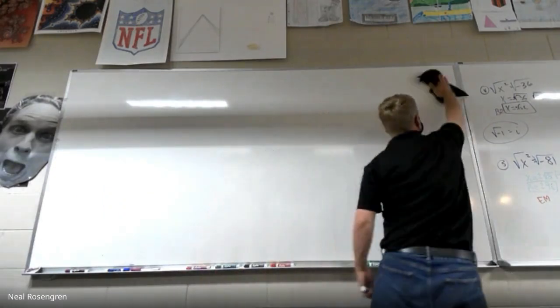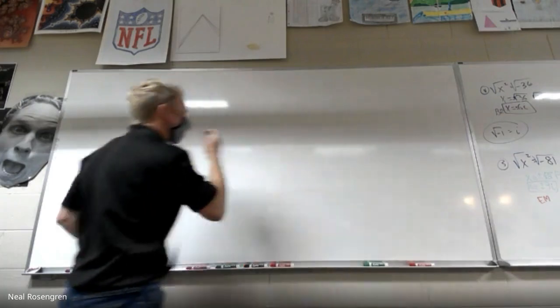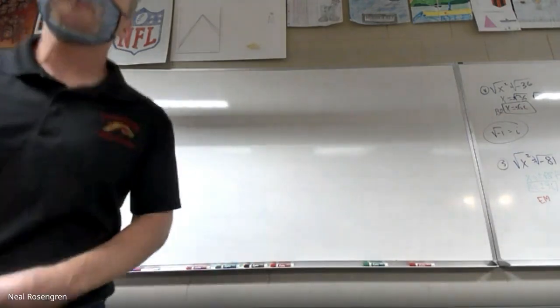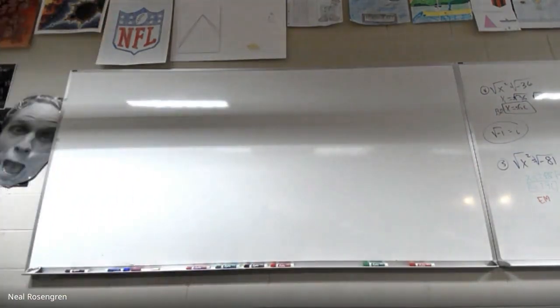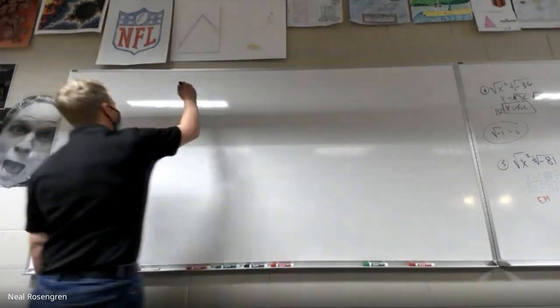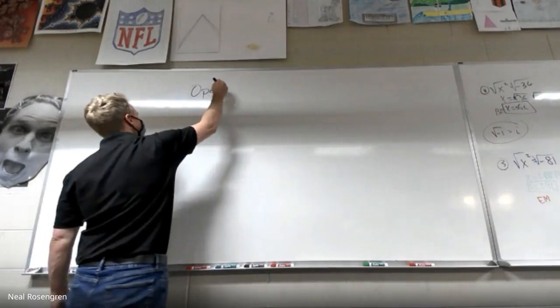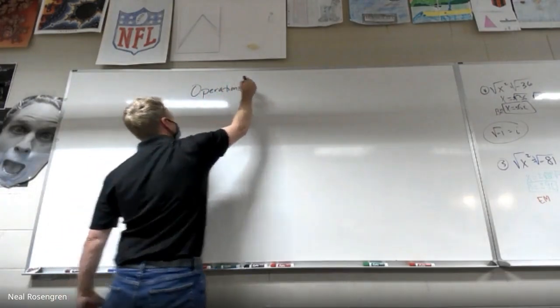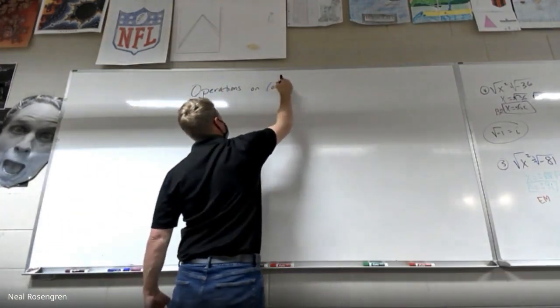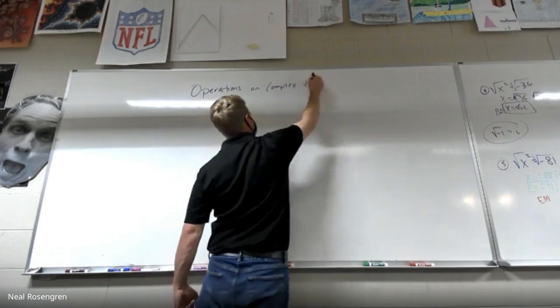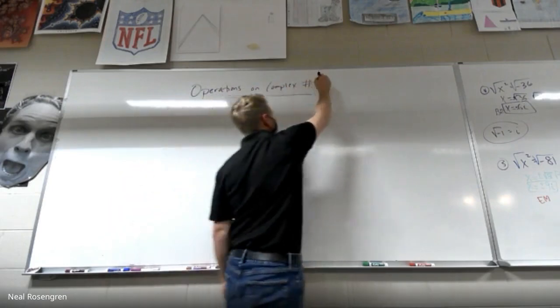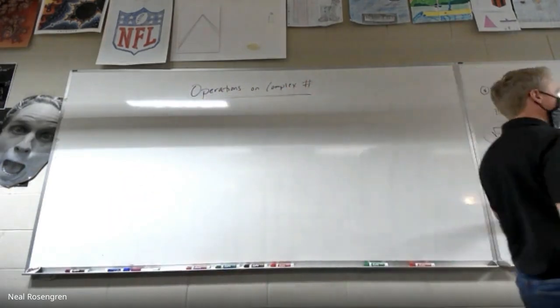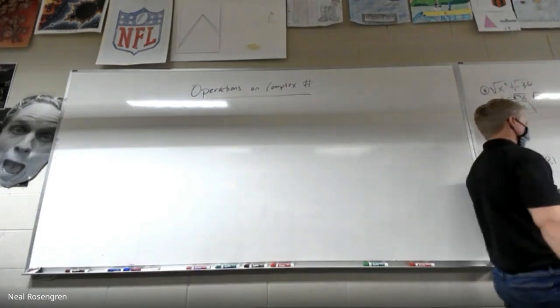Sweet. If you have at least half a page somewhere, you can probably start your notes there. But if you want to start on a brand new full page, that's cool too. We're going to do operations on complex numbers. We're going to talk about what a complex number even looks like first, because everything that we've done so far has just had the i, right?